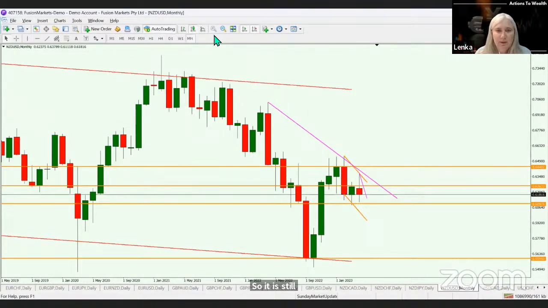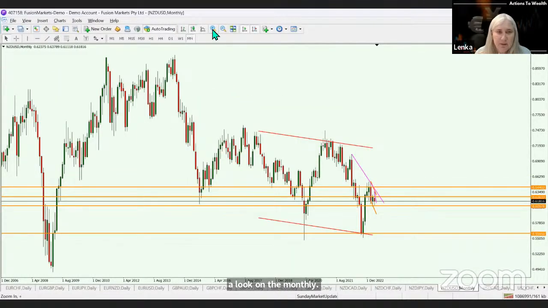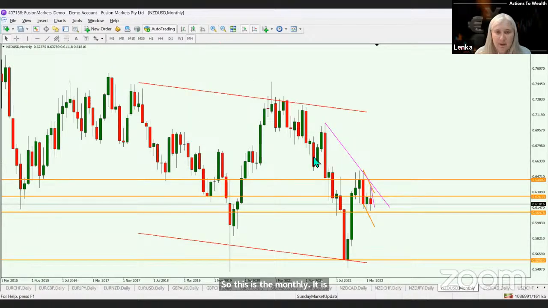Let's have a look on the monthly. So this is the monthly. It is very tight between those two horizontal levels. So there is not much room, but it still has an opportunity to go down if this level is broken, all the way down to here, because it has been down there before.